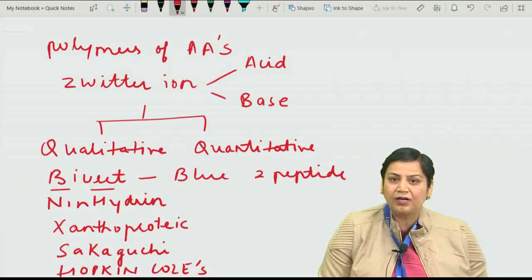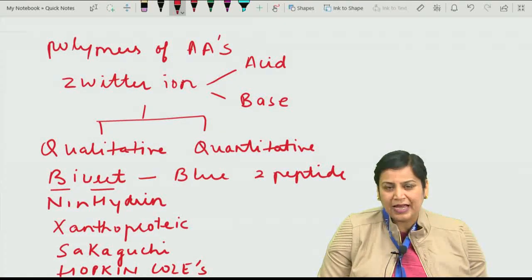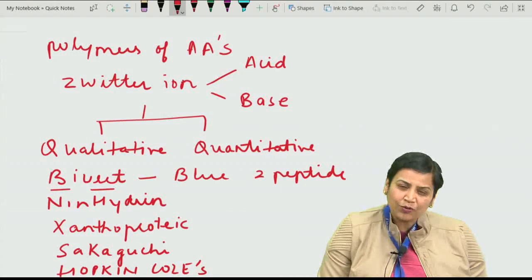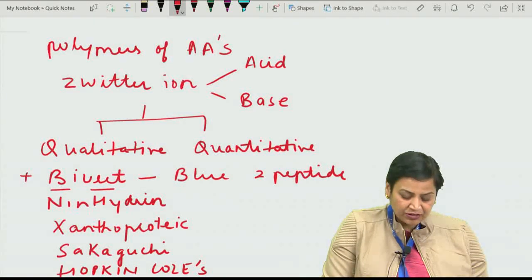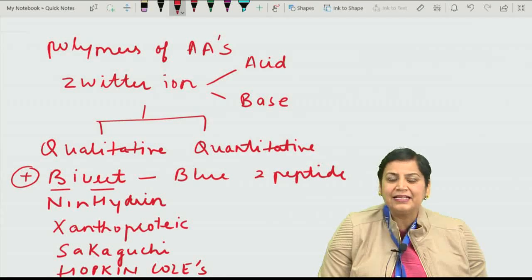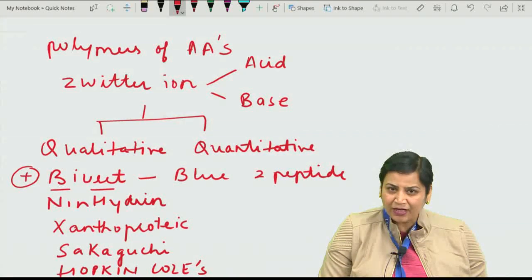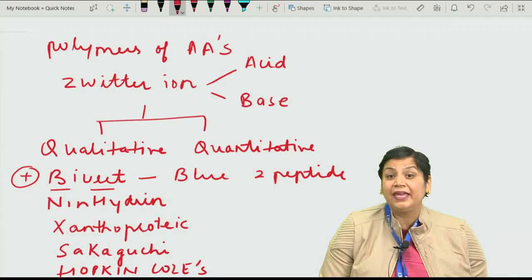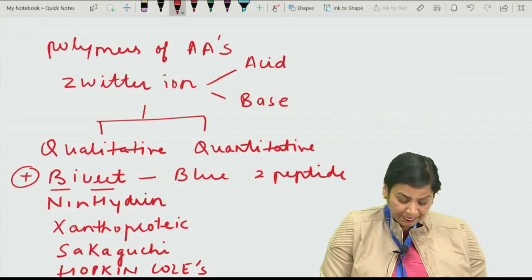This is very, very important. If a protein has more than 2 peptide bonds, automatically it is going to give a positive biuret test. And if a protein has less than 2 peptide bonds, it is not going to give a positive biuret test, and that will be known as a biuret product.